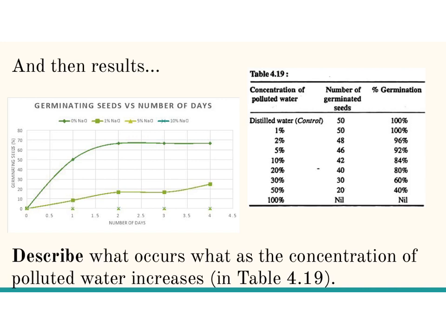So I want you to take a second. Germination percent versus number of days, right? This is showing something similar to the last experiment, but our independent variable here is going to be what we see up here in the legend. So this is usually going to be some sort of the IV, the independent variable.